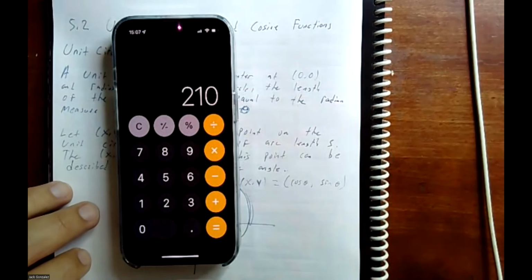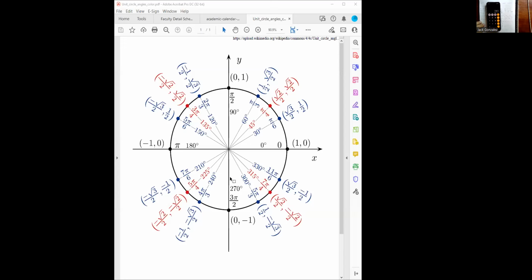Go back to this guy here. 210 is right here. So sine of 210 is the same as sine of 1290. So just write this value. 210 is coterminal to 1290. So you use this. It's the same type of stuff.